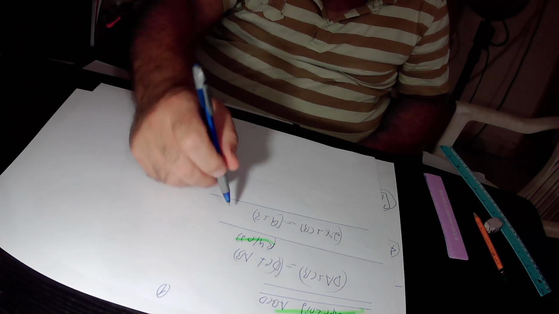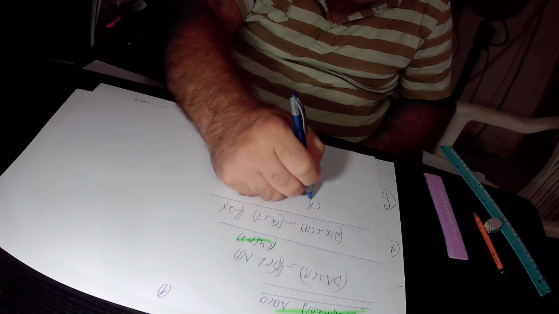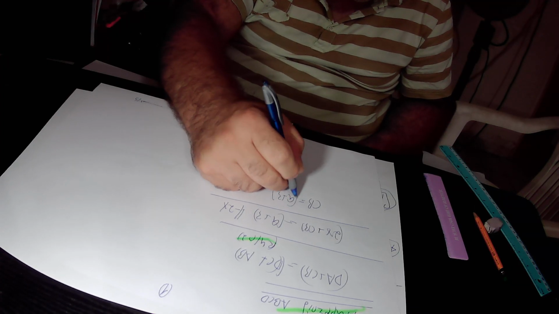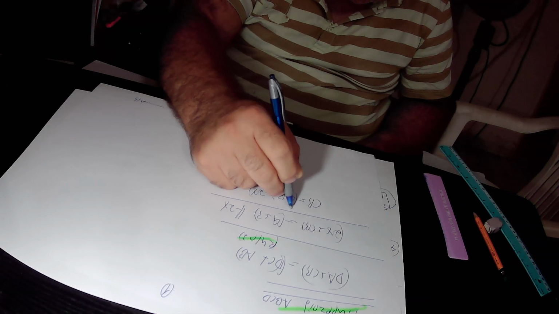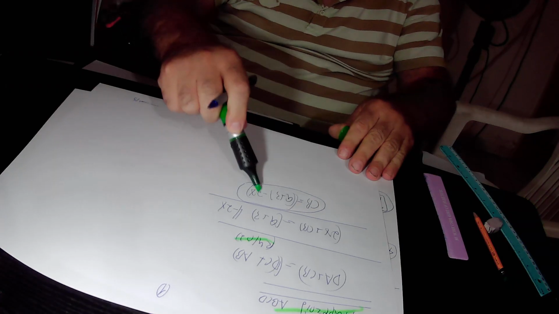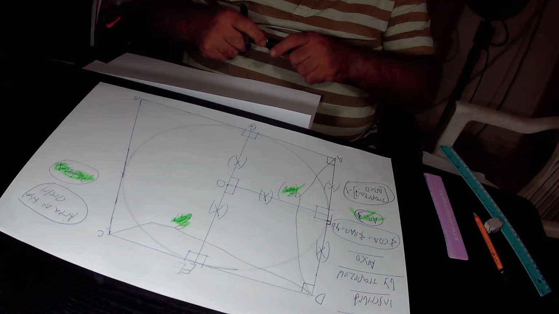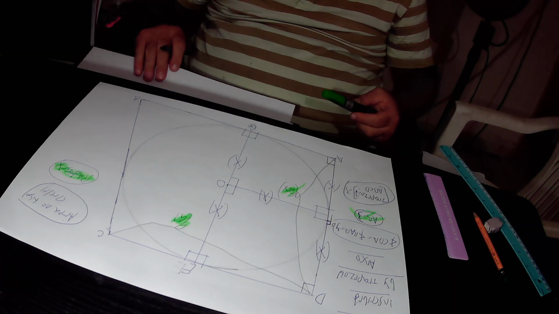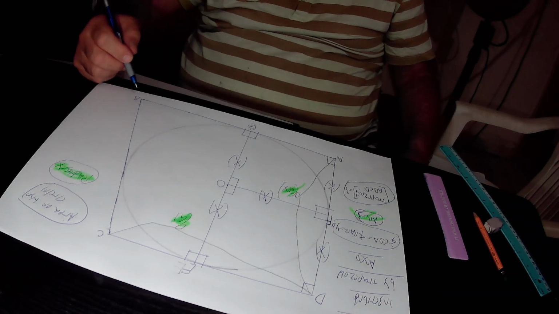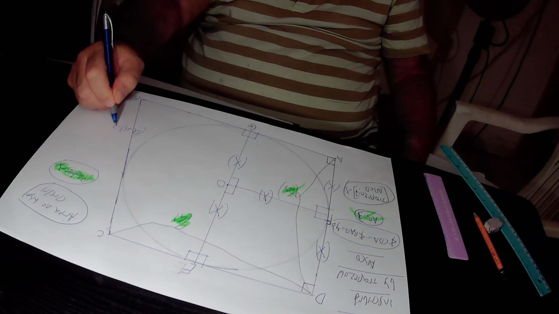Here we subtract 2x from this equation, and we get that the missing side CB equals a plus 3 minus 2x units in its length. This is the missing side CB.